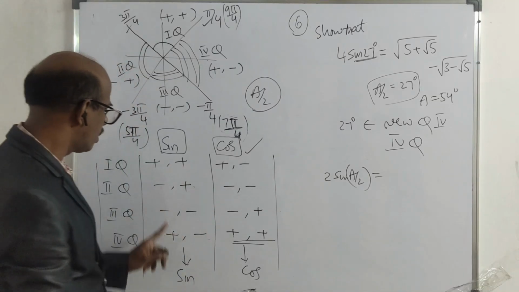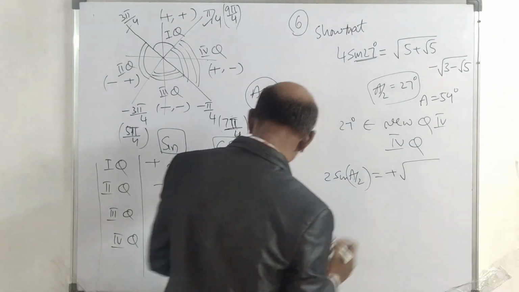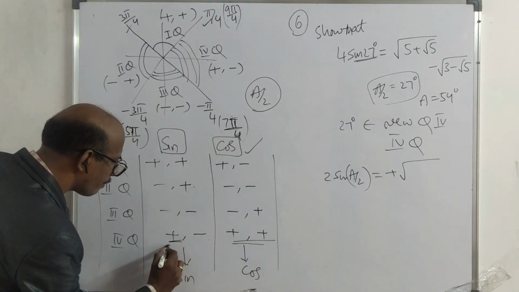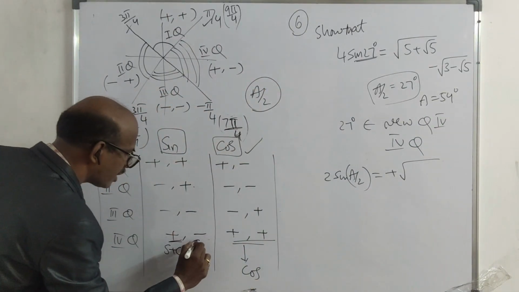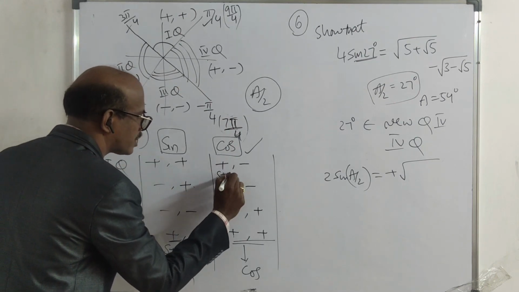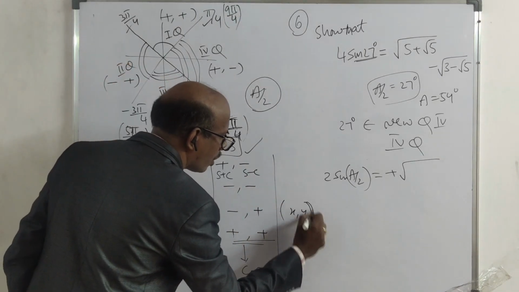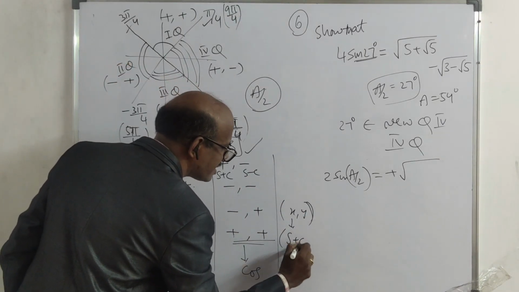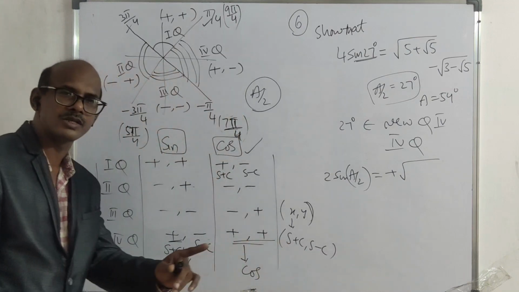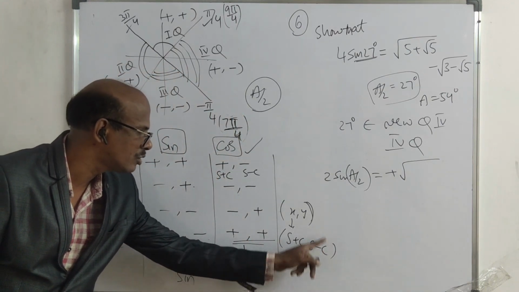So in the fourth quadrant, it will be plus minus. The first plus means s plus c, and minus means s minus c. Be cautious. Keeping as x, y coordinates, x is s plus c, y is s minus c. Therefore, by subtracting, the s cancels and 2c is obtained.